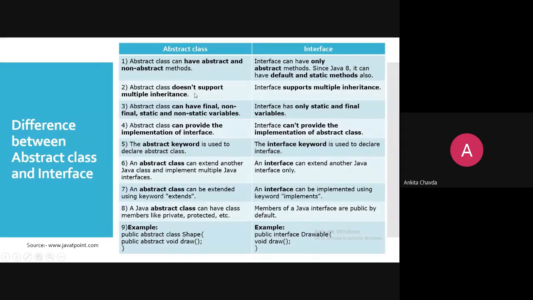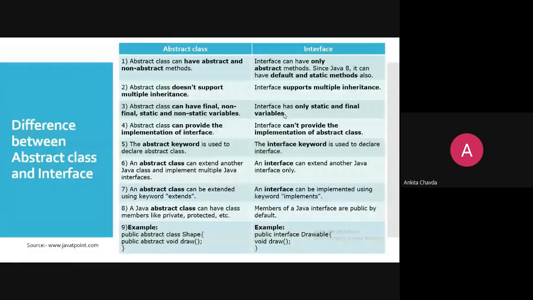Abstract class doesn't support multiple inheritance. It does not support it, of course, while an interface supports multiple inheritance. Abstract class can have final, non-final, static, and non-static variables, and here interface has only static and final variables.